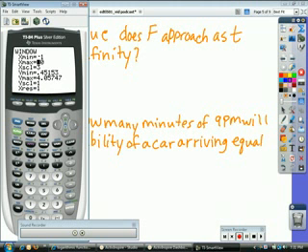I want my max to be 5. I'm going to count by 1. My y min, I want to be negative 5, let's say. My y max, no, let's come up here, excuse me. My x max needs to be 10. My y min, negative 5, but my y max needs to be 5. Okay, and we will graph that.